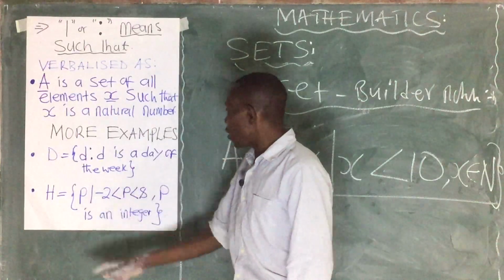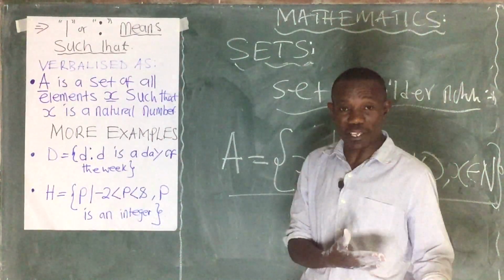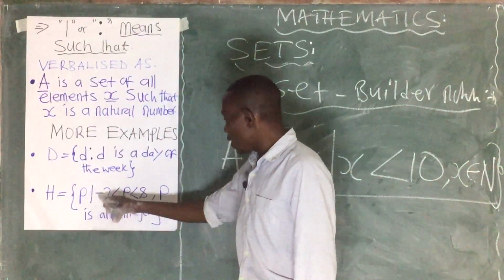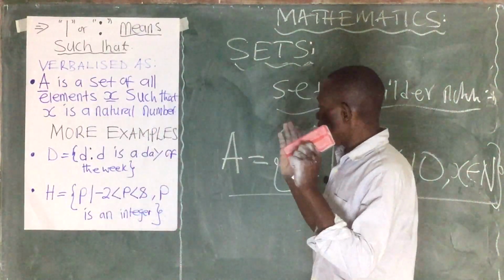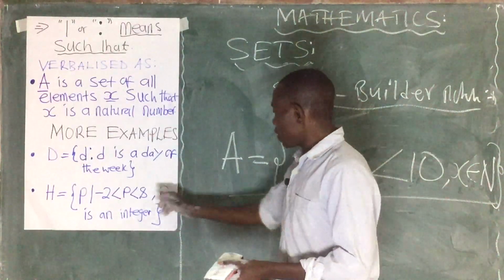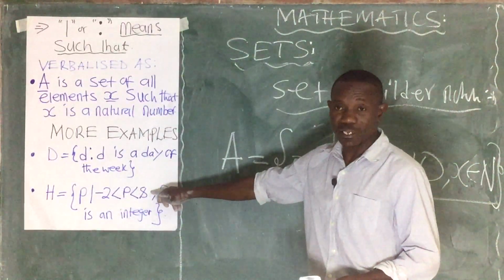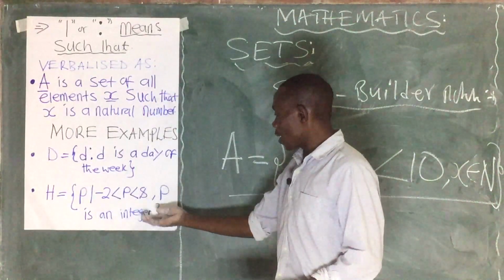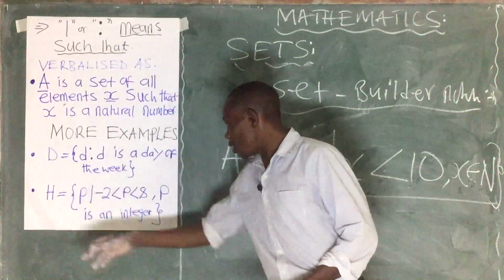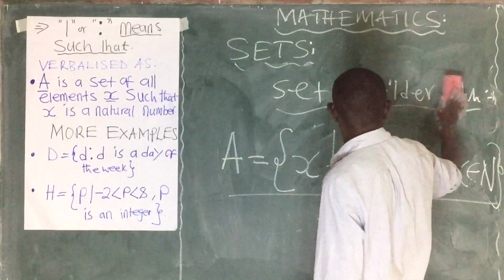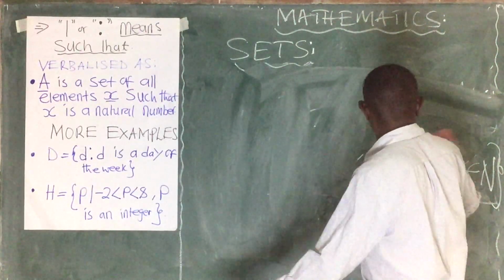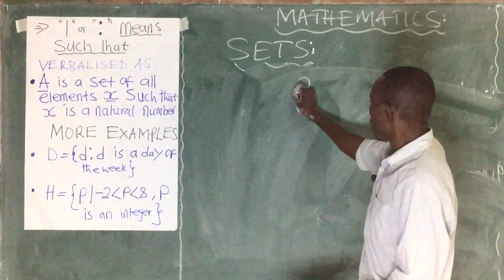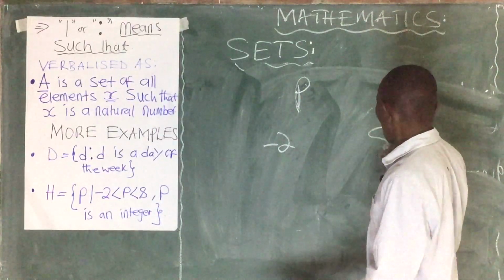So we're going to discuss P. What is P? This means P is such that P is a number that is in between -2 and 8, and this number is an integer. If somebody asks you to list up the elements of H, you'll see that H is described by elements defined by P, and P is just bounded between -2 and 8.